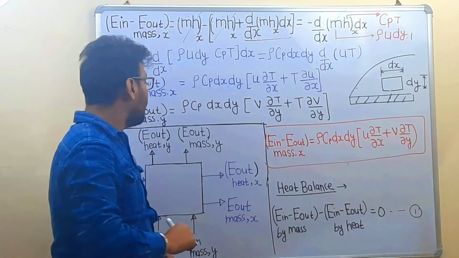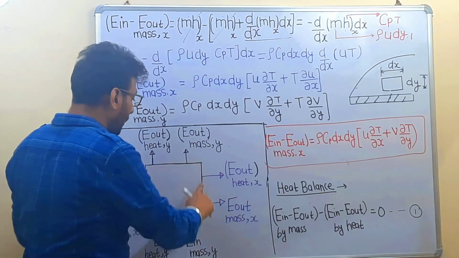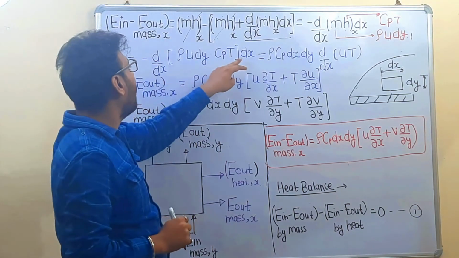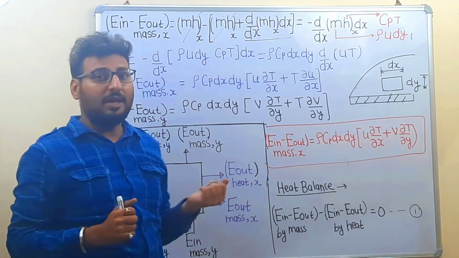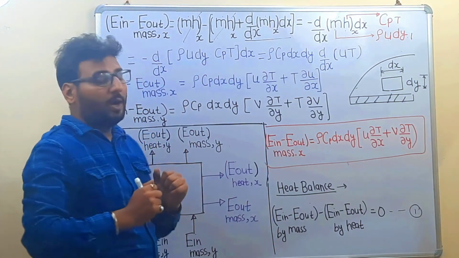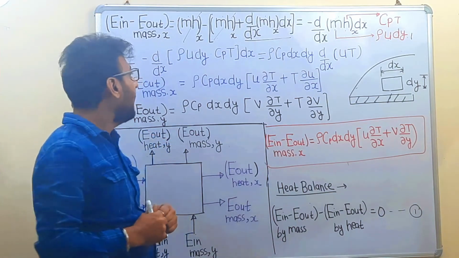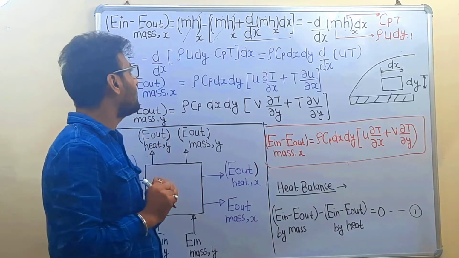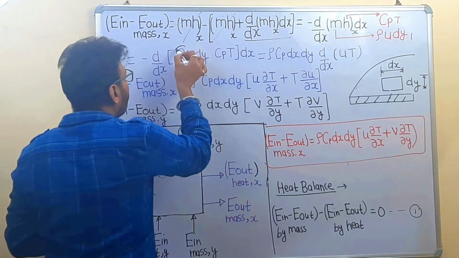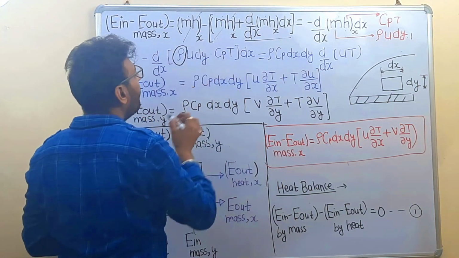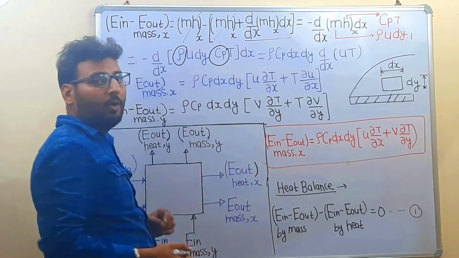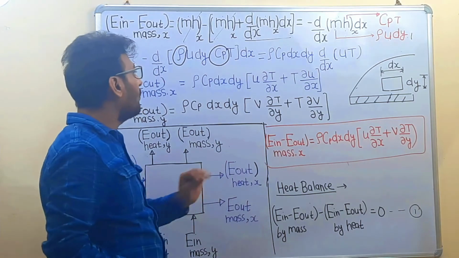Now, because we have considered a control volume of a given dimension, dx and dy are constant for a given control volume. We are also assuming that fluid properties are not changing, so we are considering rho, the density of the fluid, and the specific heat of the fluid to be constant while it is flowing through the control volume.